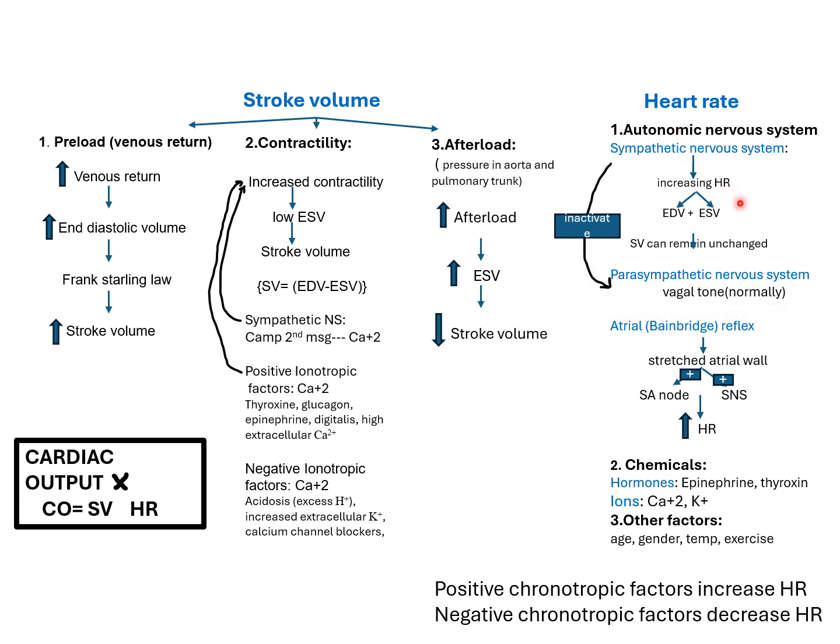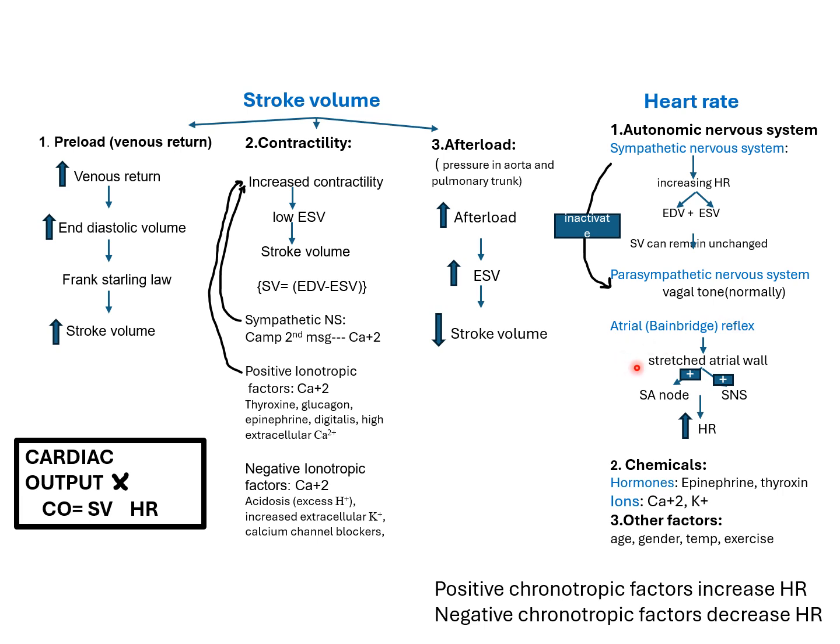As a result, the heart rate increases. It increases both end diastolic volume and the end systolic volume, so the SV is unchanged, but because of its inhibiting effect on the parasympathetic, it increases the heart rate.